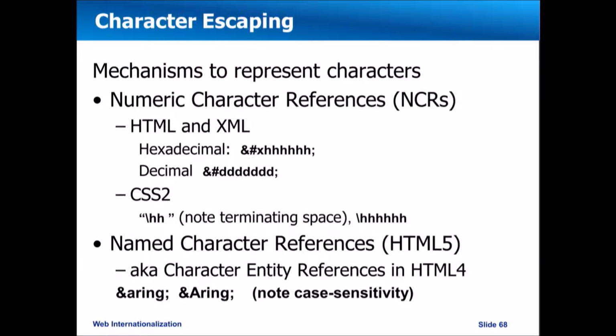Most of you know there are different ways to represent characters that are hard to type on your system or otherwise to enter, or to make them specific because several characters look the same. Maybe you want to distinguish one kind of dash from another kind of dash, and just having it in the document, you can't tell which one it is.